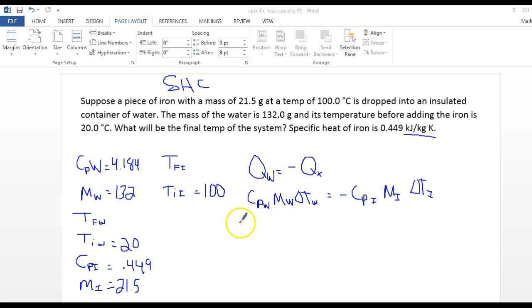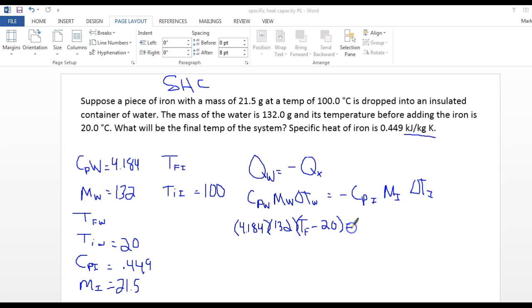So we know 4.184. These take some calculations, lots of numbers. The mass of the water is 132. And then the final temperature, we do not know. And then the initial temperature is going to be 20 degrees for the water. So we've got to put this in parentheses, because we don't know one of them.